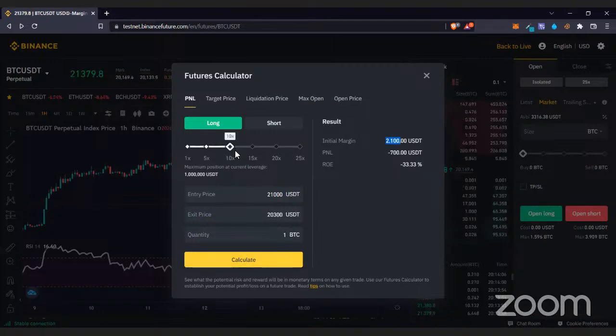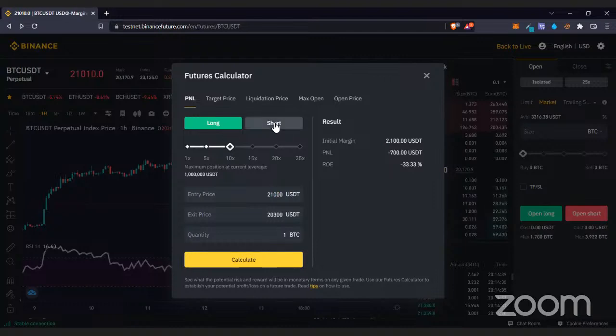And then if the price goes to 20,300, that is going against us, well, that is minus. The return on equity will now be around 33%. That is minus 33%. So you are going to lose 33% of those 2,100 that you have here, which is what it cost you to open that position initially.